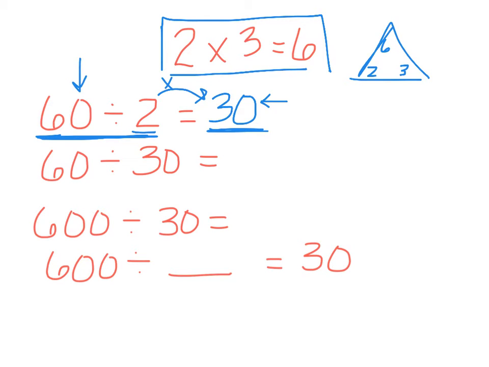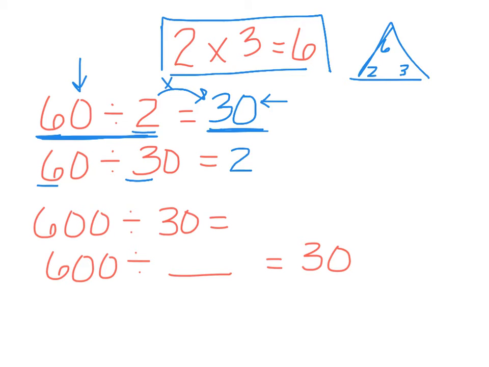All right, let's try this out again. Okay, now I have 60 divided by 30. So again, this is like 6 divided by 3. I know the number should be 2. That's going to connect them. And then I need to think about this in terms of, if I undid it using multiplication, would the answer be 60? Is 2 times 30 60? Yes, it is.